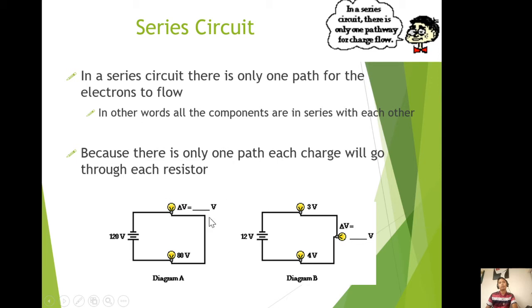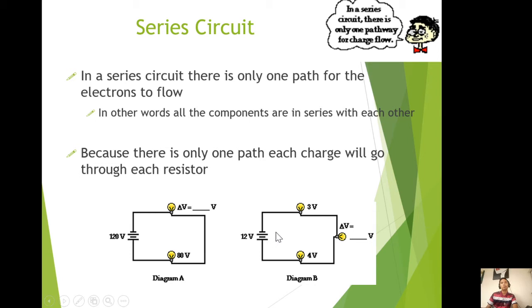So we have 40 volts here. If there is 12, we have 4 here and 3 here. So 4 plus 3 is 7, and 12 minus 7 is this one. The answer is 5.